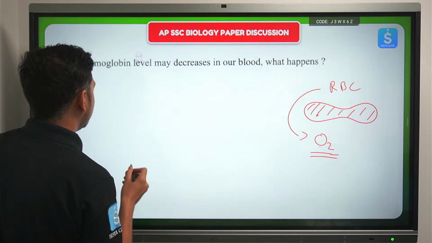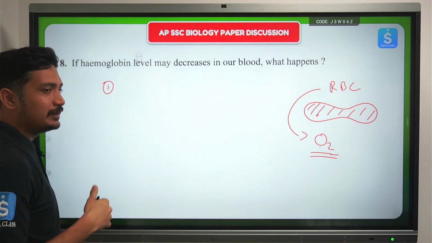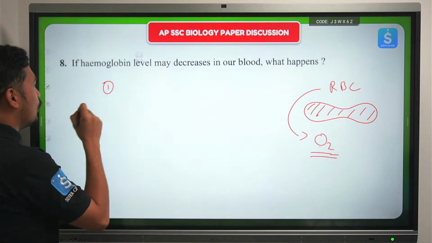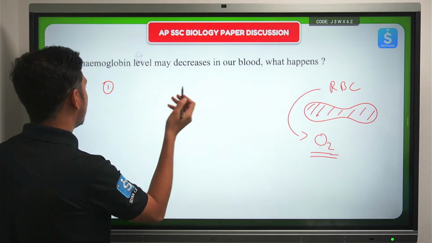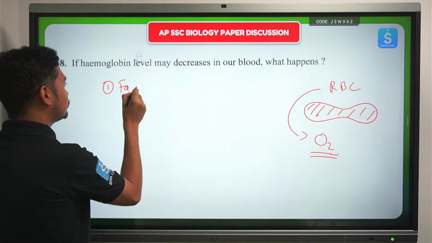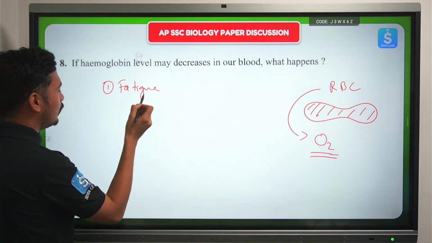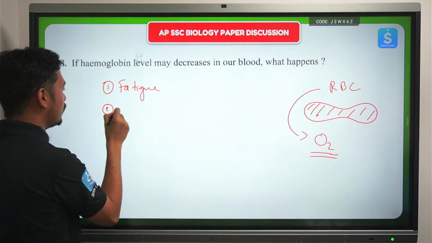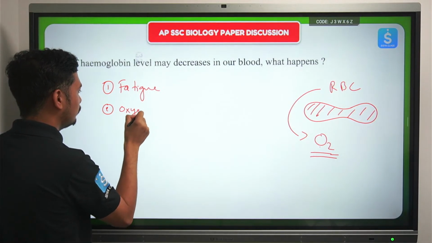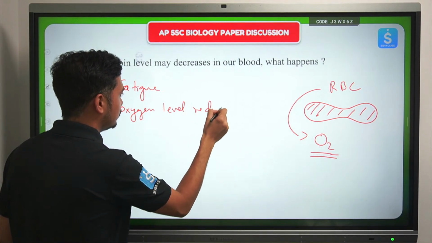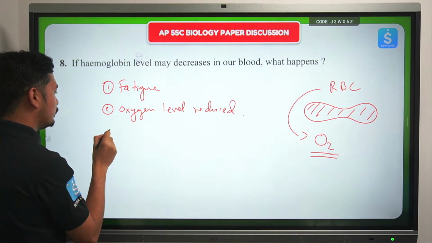I'll just write the keywords, but we are expected to write in complete sentences. What will happen? We'll feel fatigue. Why? Because the blood oxygen level will be reduced, and then we'll feel dizzy.